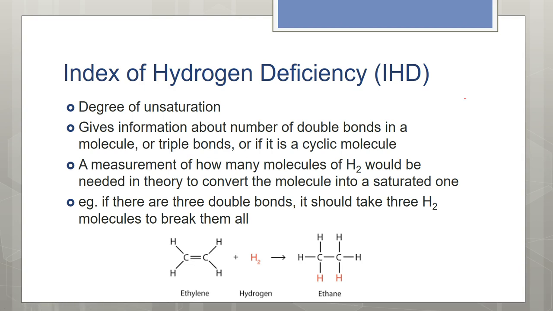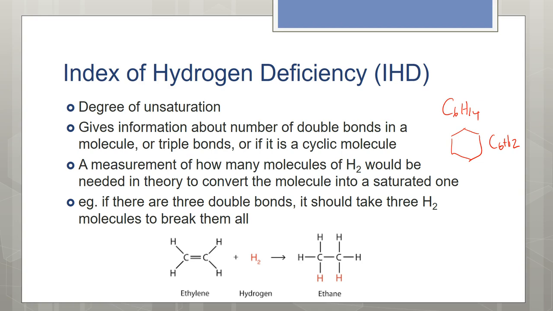If you think about going back to hexane, C6H14, and cyclohexane, where we have C6H12, we've lost 2 hydrogens here in order to make that ring close, for the tail to come around and close in on itself. So essentially the IHD is a measurement of how much hydrogen gas I would need to put in to hydrogenate away these double bonds to saturate the molecule.